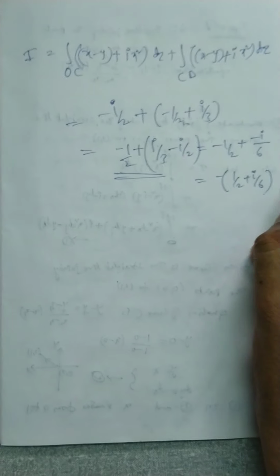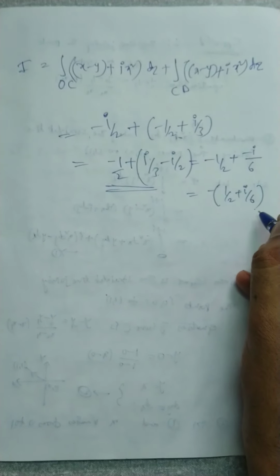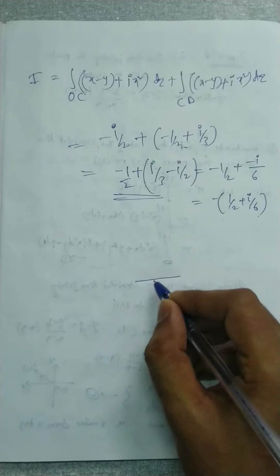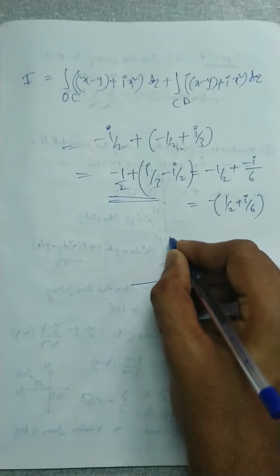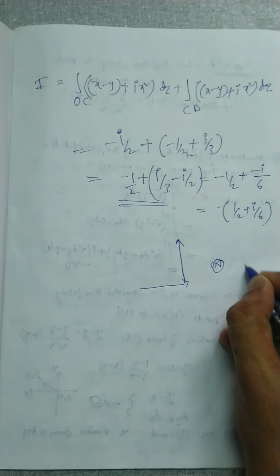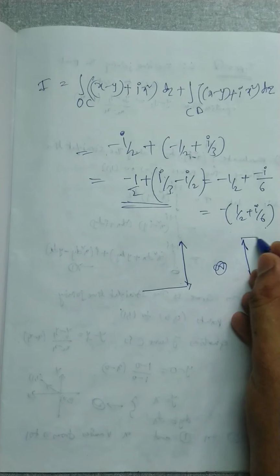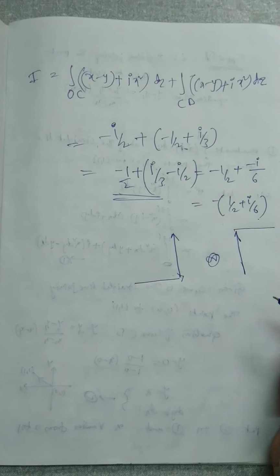So likewise we can evaluate the line integral when the path or the equation of the curve is traced along a line along the x-axis and then moving vertically parallel to the imaginary axis, or along the imaginary axis and then parallel to the real axis. I think you understood this lecture.